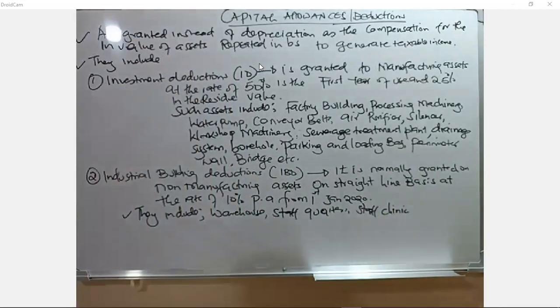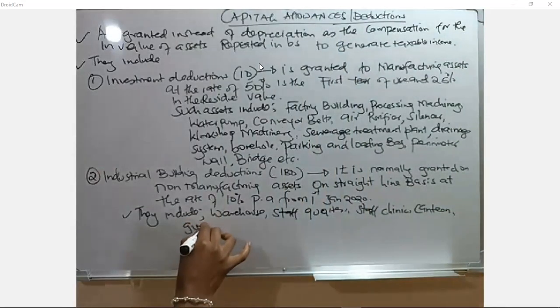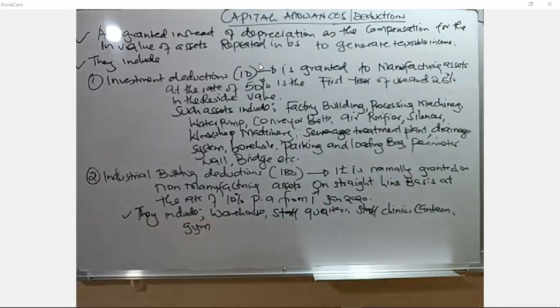We normally have canteen. We normally have gym, right? We have gym among any other assets. We have a lot of assets here, which we shall be able to check, etc. etc.